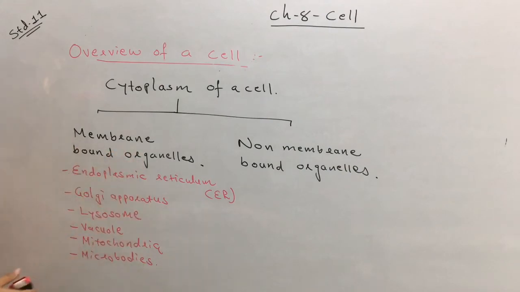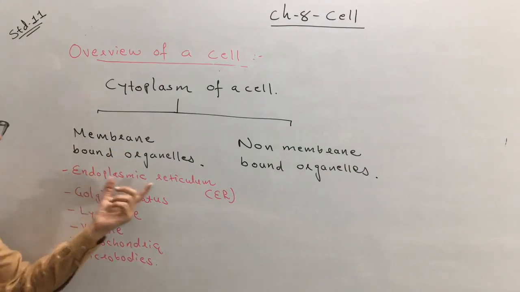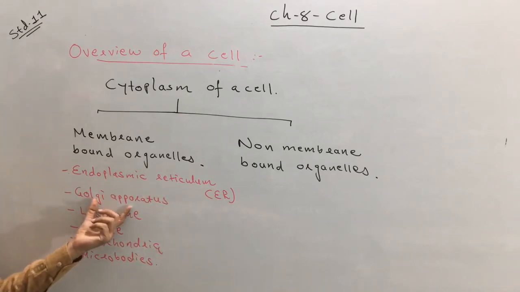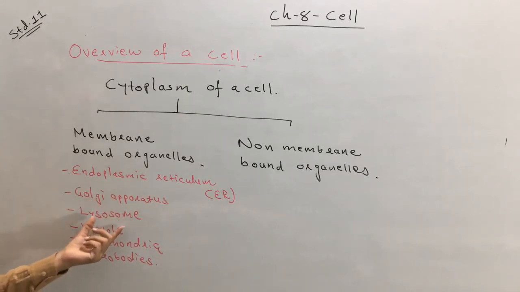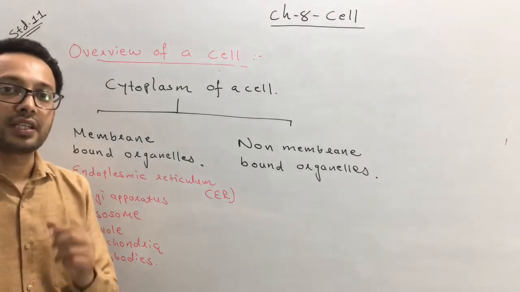Which are the membrane bound organelles? The membrane bound organelles are endoplasmic reticulum, ER, Golgi apparatus or Golgi complex, lysosome, vacuole, mitochondria and microbodies. These all are membrane bound organelles.